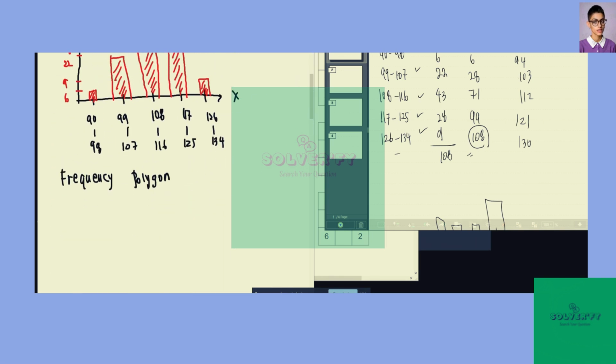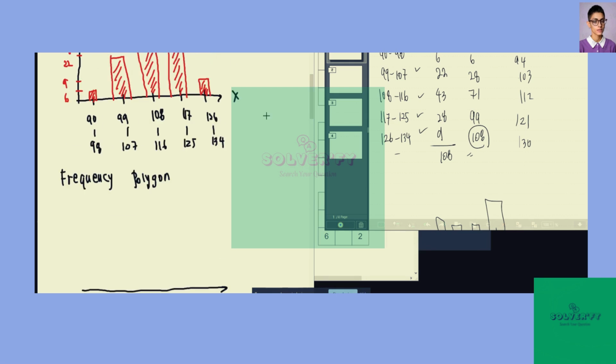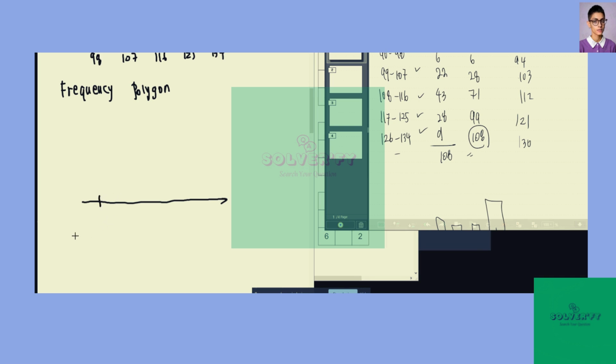You do the same horizontal axis first, and just like we had 5 intervals, we also have 5 points. First one is 94, and 103, 112, 121, and the last one 130.